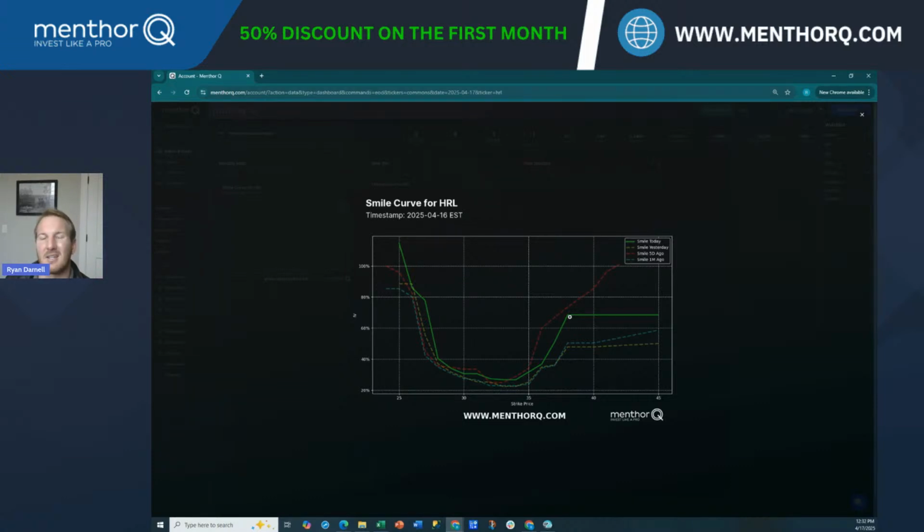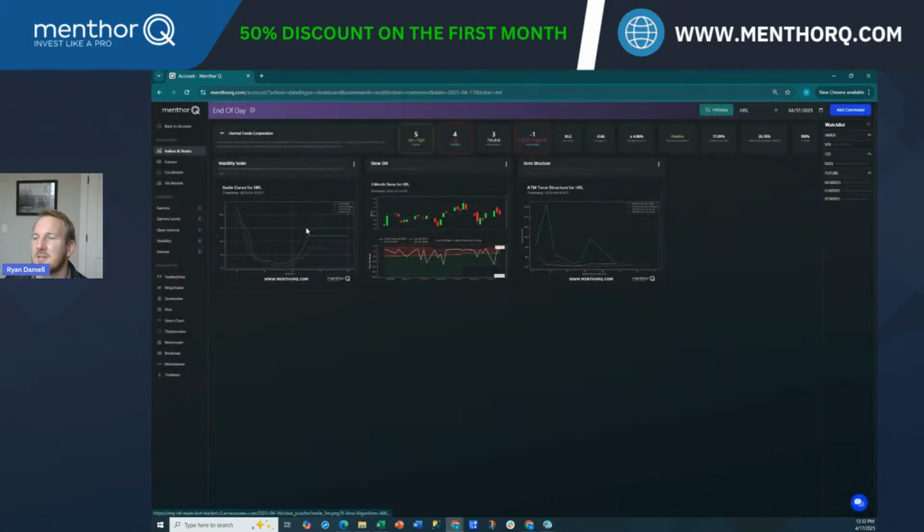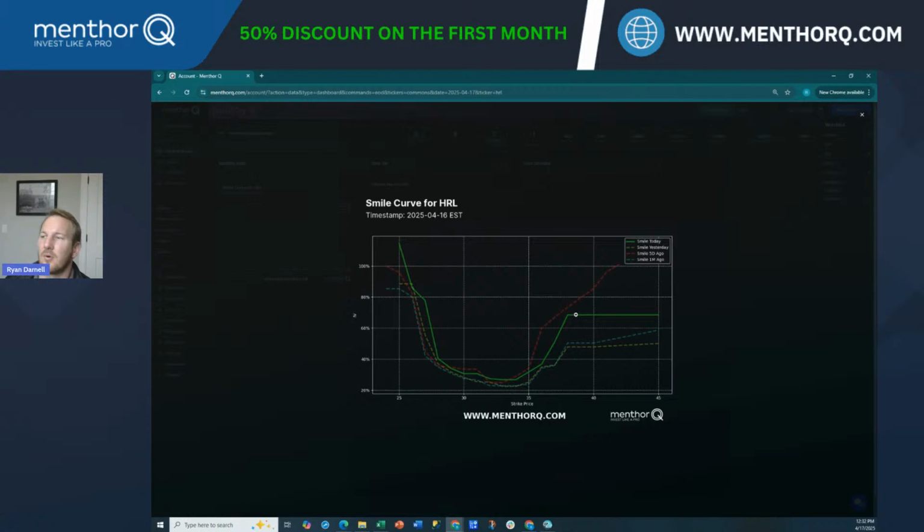When you look at a single stock, you can make an educated guess: I bet earnings must be coming out, because there's a big peak when we looked at term structure, and there's a big premium for the calls. So maybe people are expecting bullish earnings.